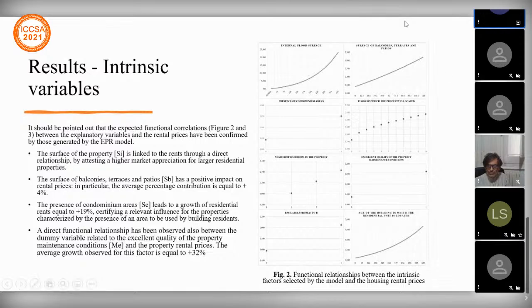Also, there is a particular appreciation for the surface of balconies, terraces, or patios. And in addition, there is a particular appreciation for the common areas, so the presence of the condominial areas.